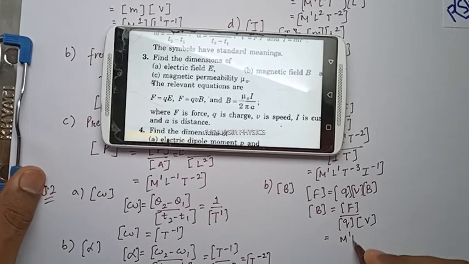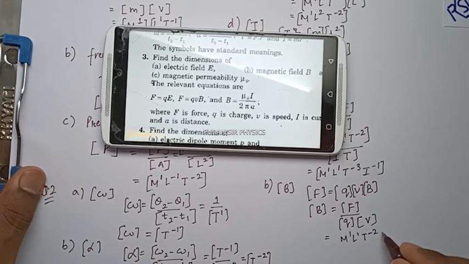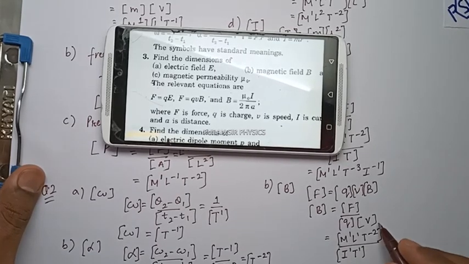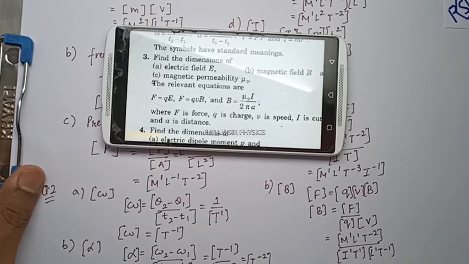So it will be M raised to power 1, L raised to power 1, T raised to power minus 2, and the charge is I raised to power 1, T raised to power 1, and V is your velocity, that is L raised to power 1, T raised to power minus 1.